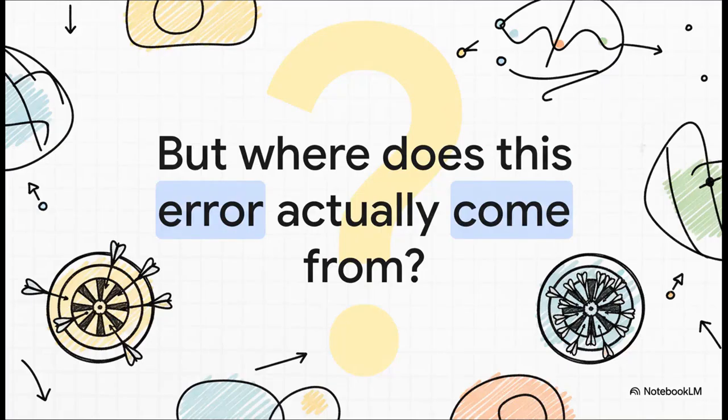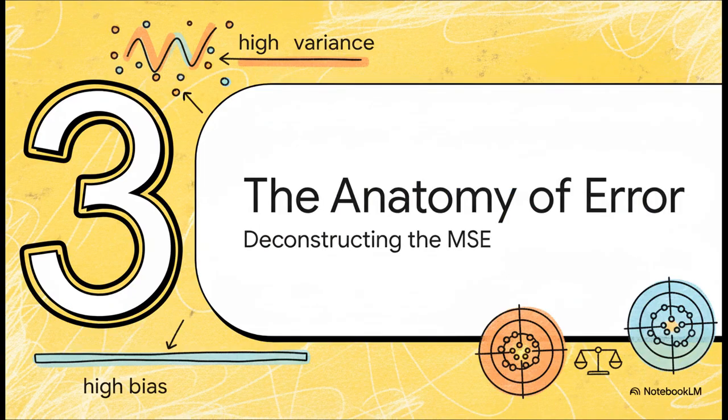And this is where it gets really interesting. That MSE number, that total error, where does it actually come from? It turns out it's not just one thing. It's actually a mix of a few different and sometimes competing sources of error. To really get this, we need to kind of pop the hood and look at the anatomy of that error. We can actually break down our total error into 3 core pieces, and I promise, understanding these is the absolute key to building better models.